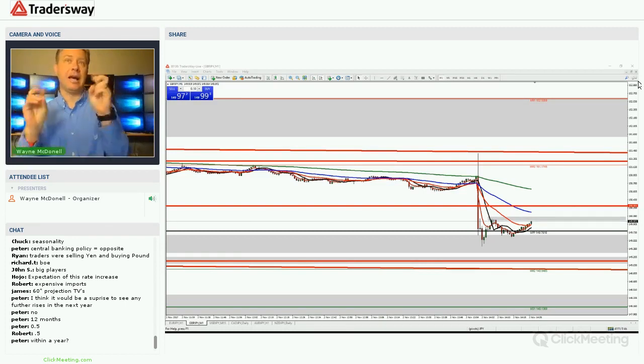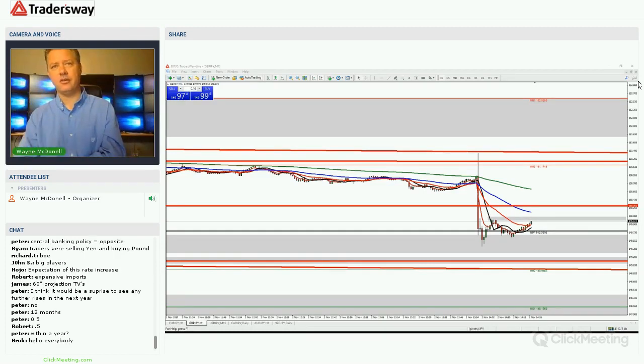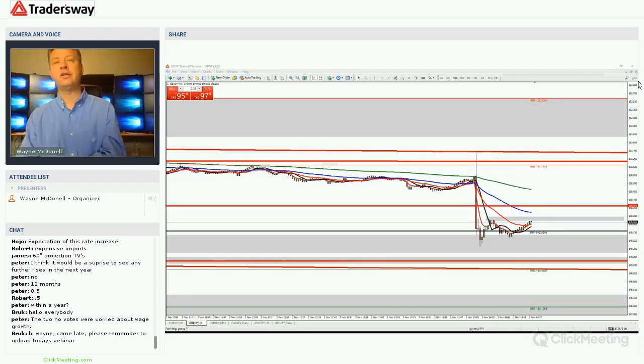Ask yourself, how many live meetings does the Bank of England have? And those are the ones that are going to raise. But that's your call, right? So if you interpret this like, that's it, no more hikes for the next 12 months, then you need to play this sell. You need to sell this high.